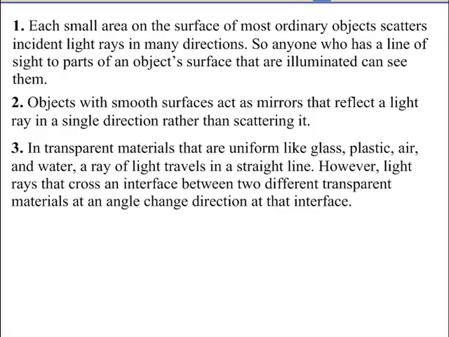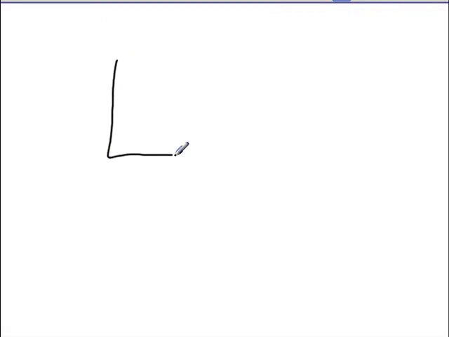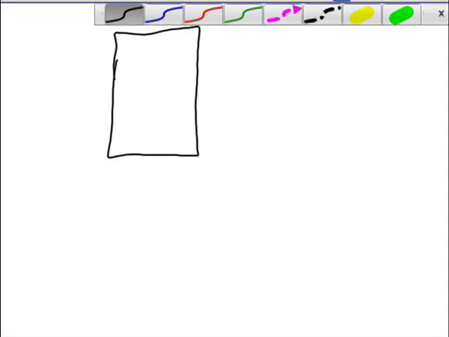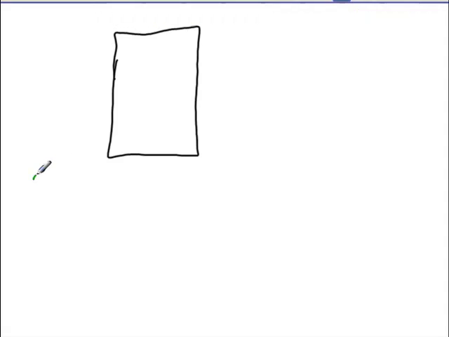So that would look like this. If I have a block of some material, maybe glass, and I shine some green light at it, it can actually turn direction and then go on. So the direction will change when you go from one medium to another.